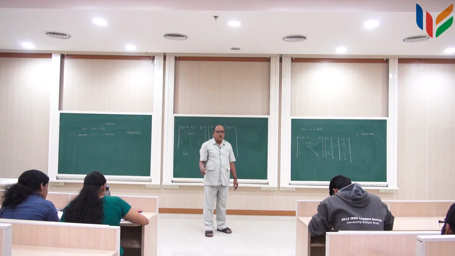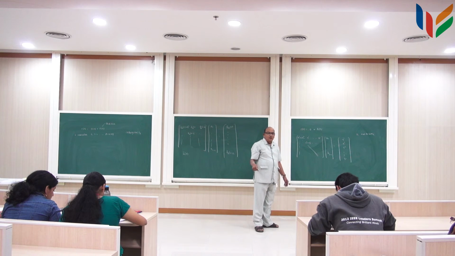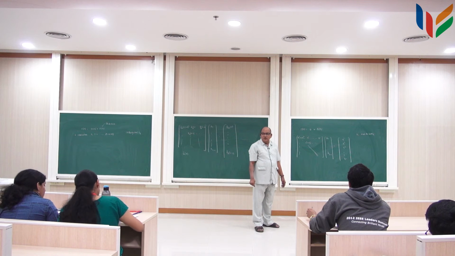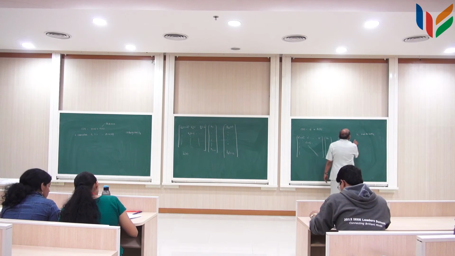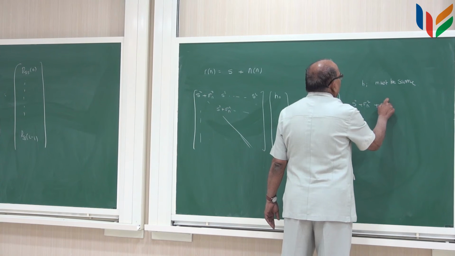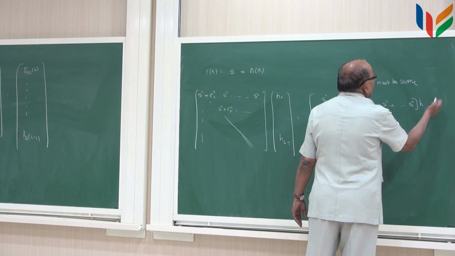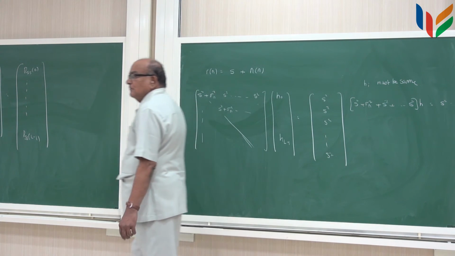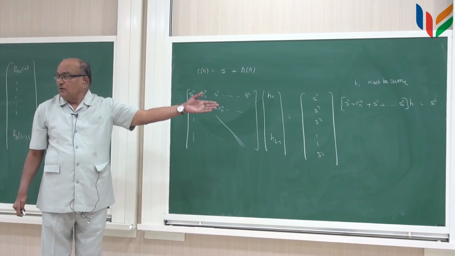That means the weightage you give to each observation, when you add them up, should be the same value. And what is the value of the weightage? Any equation you take, the first equation for example, is S square plus sigma n square plus S square plus so on and so forth, into H sum is equal to S square. Any equation, so from here you can find out what H is.